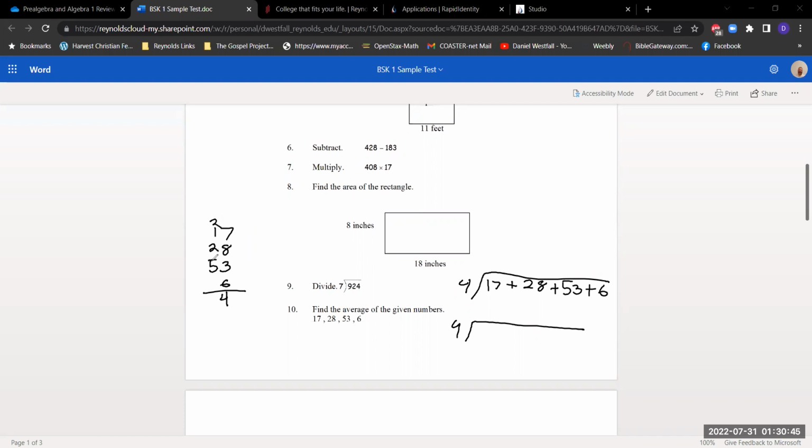This is 3, 5, and 5 makes 10. This is 1 of 4 on the inside. 4 goes into 10 2 times. It's 8, difference of 2. Bring down the 4. 4 goes into 24 6 times with no remainder, so our average value is 26.